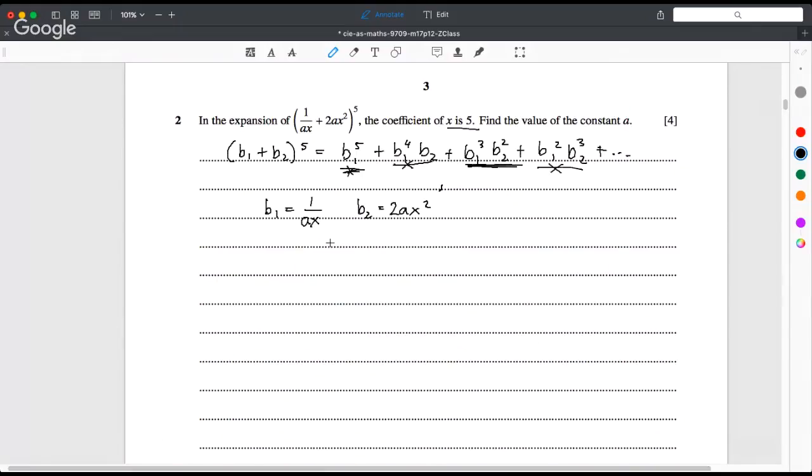So the coefficient of the x term is going to be 5 choose 2, which is also given in the formula booklet, times (1 over ax) cubed times (2ax squared) squared, and that's equal to 5. And so you can crunch this through yourself, just putting in the 5 choose 2 and solving. And then you just solve for a.